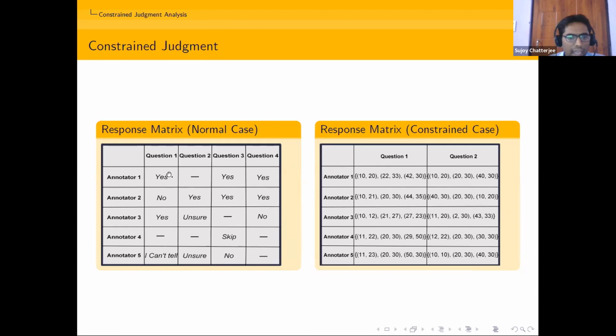On the left side, in this response matrix, to understand the final judgment, we can apply majority voting or different traditional algorithms to find the weight of the crowd worker: how much he deviates from the majority, how much he deviates from the mean opinion.